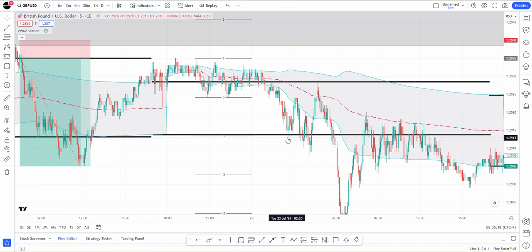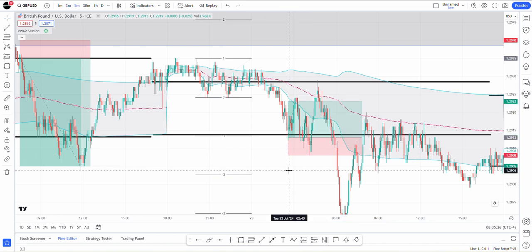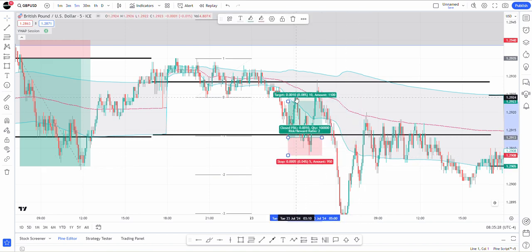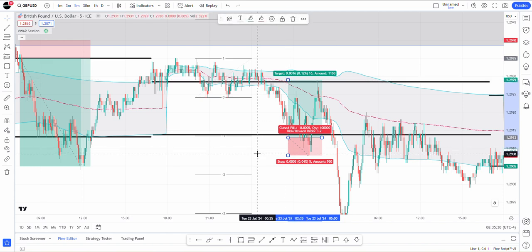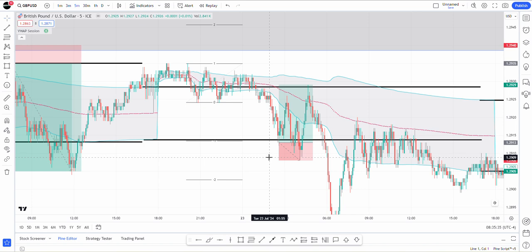So you're waiting. Okay, it's in the time on the level, hitting that, long here, 5 pips. At the end of the range is a target. You get stopped out. Boom, boom, boom.